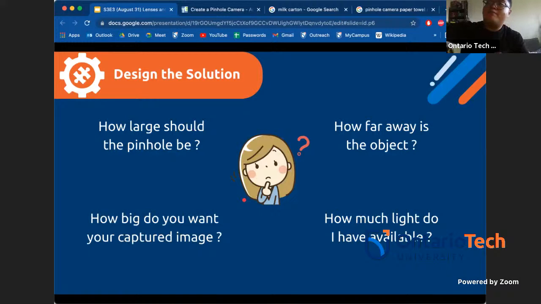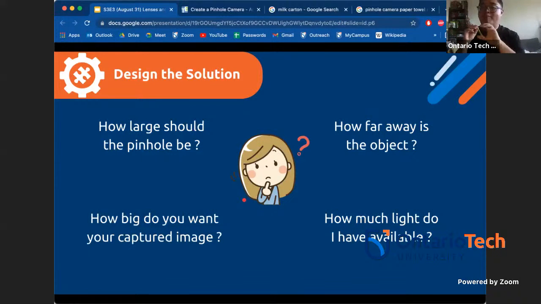I have one prototype of my pinhole camera here. An important thing to consider when designing a solution is how large you want that aperture to be. How large do you want that pinhole to be? I would start off by creating a very small hole with your pencil, going through the engineering design process and making it bigger gradually.